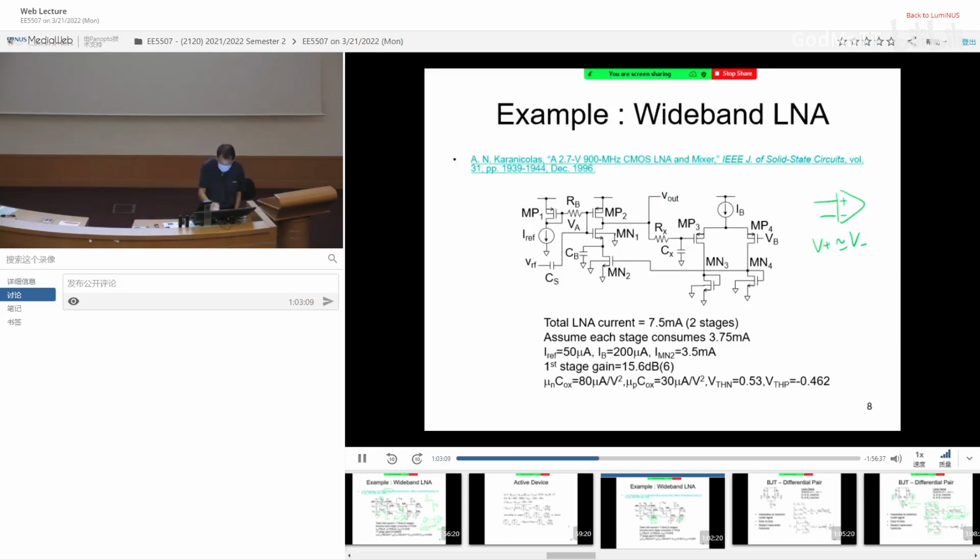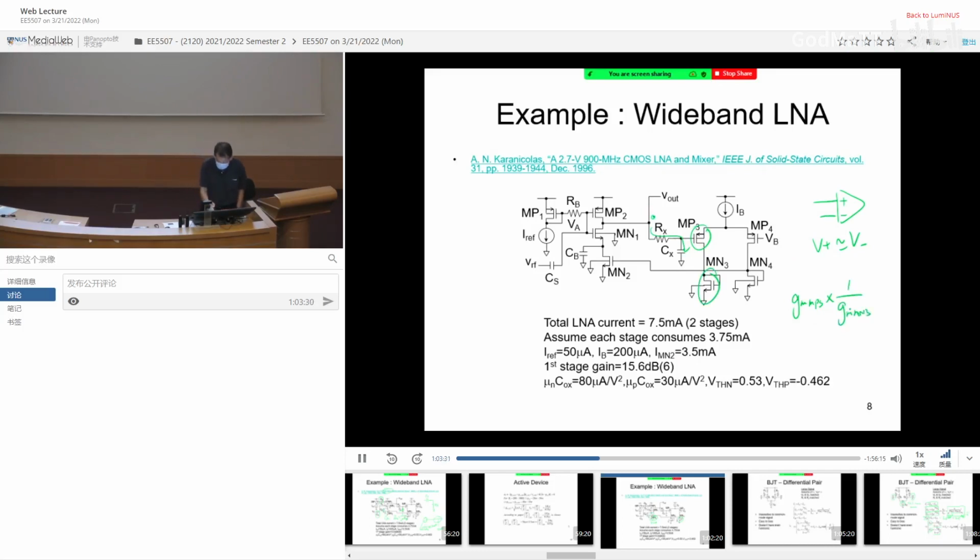What is the loop gain here? If you start from here, you go through this guy, and then go through this amplifier. We are going to cover differential later, but if you look at this guy, it's basically gm MP3 multiplied by this guy, 1 over gm MN3.